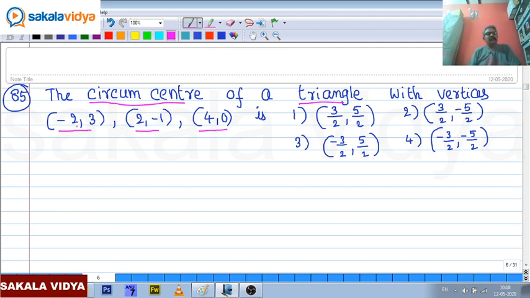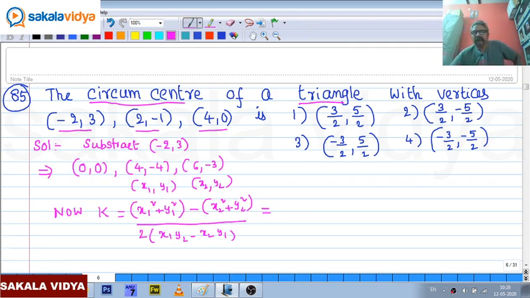First, one of the vertices we need to make (0, 0). So that means here, subtract. Right, I think you will be getting it now.